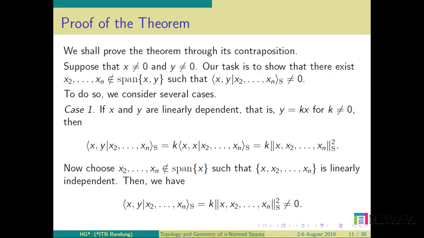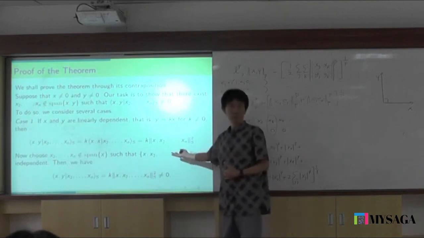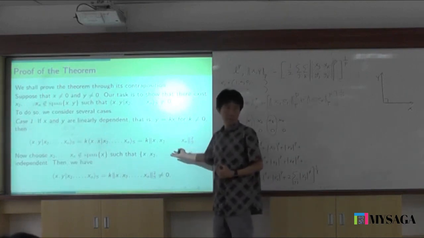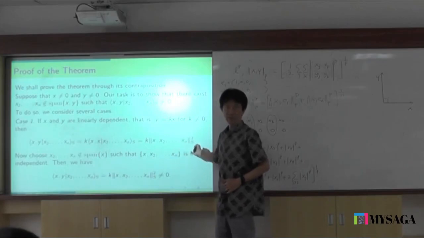First, if x and y are linearly dependent, so that is, I think, easy because you can assume that y is equal to a multiple of x, and in that case we have this relation, and we just choose x2 up to xn not in the span of x, such that this set is linearly independent, and we have enough space to choose n-1 vectors other than x, so that this set is linearly independent. Okay?